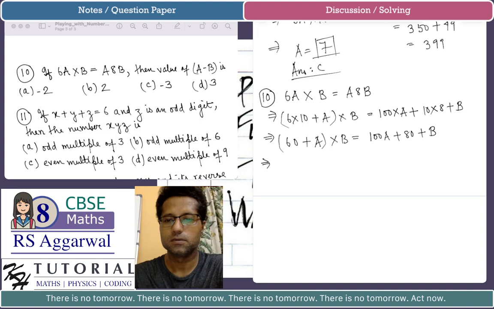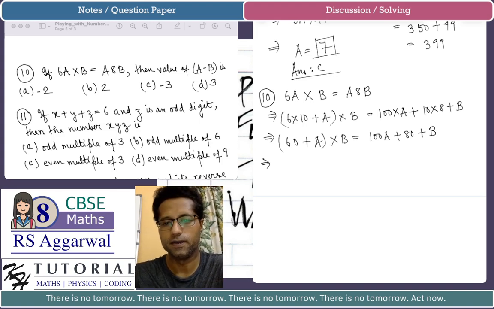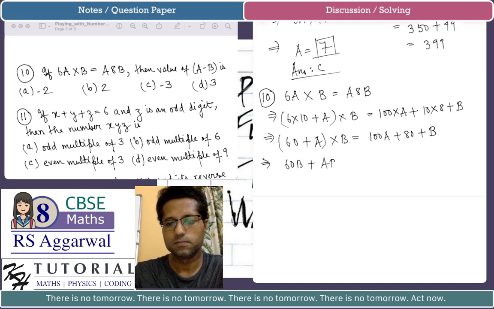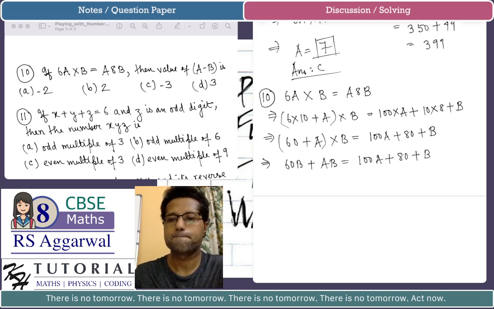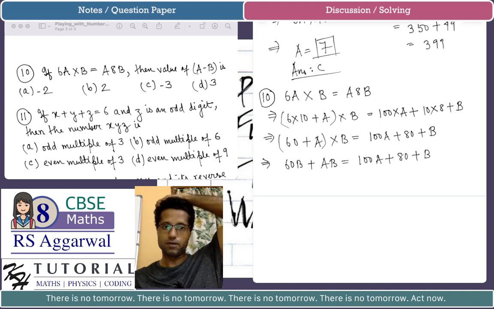If we simplify the left hand side, we get 60b plus ab is equal to 100a plus 80 plus b. We have to find the value of a minus b.